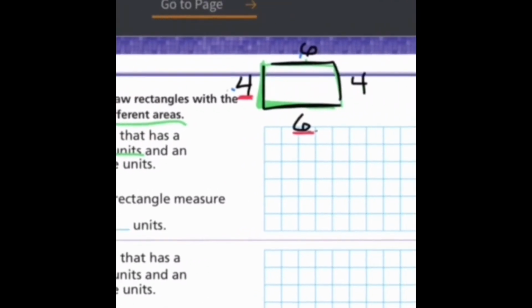So instead of 3 and 7, let's go with the next number up. Let's try 4 and 6, because that equals 10. 4 plus 6 is 10. Just add up all four sides for my perimeter. That's 20. To find the area, I multiply these two side lengths. 4 times 6, that's 24. Ah, I found it. So now we just have to draw it here. Okay.